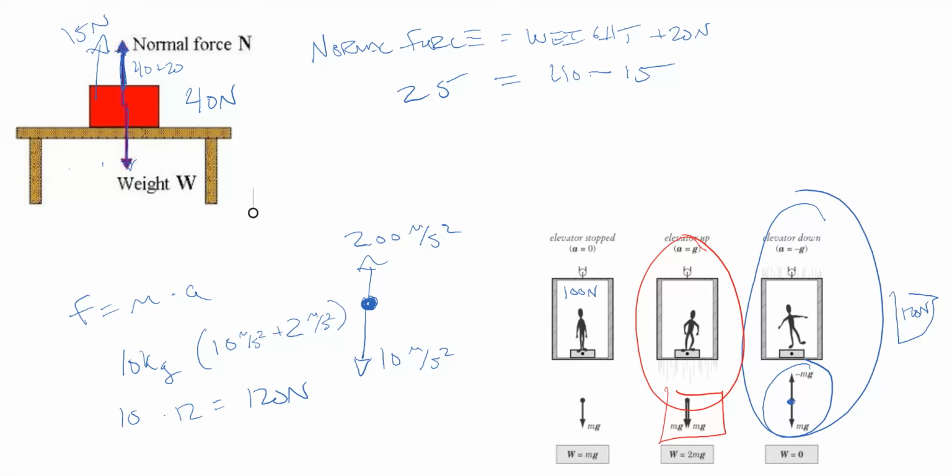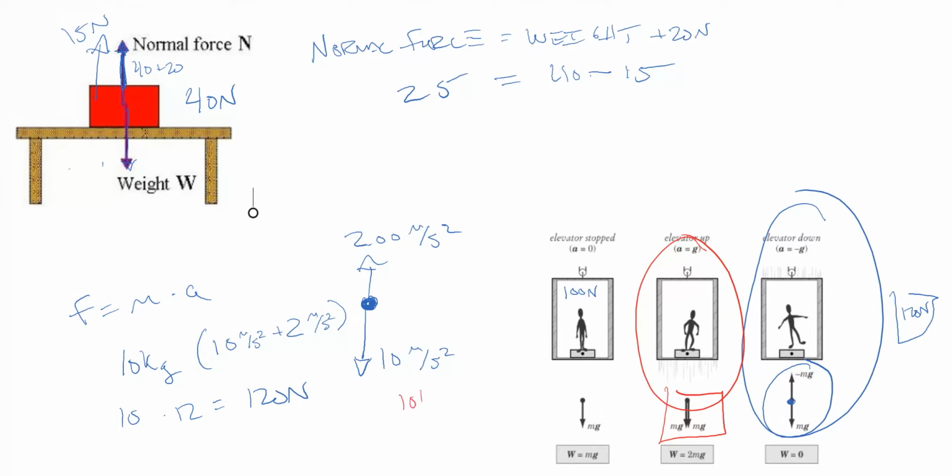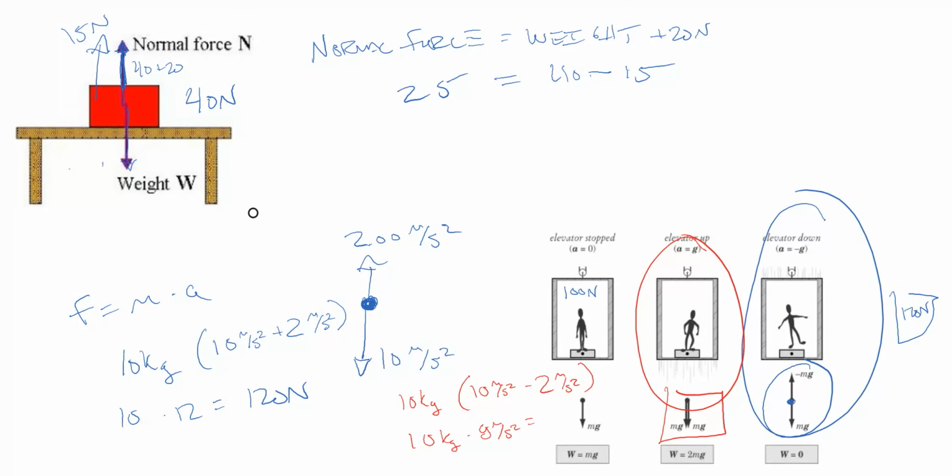So if I'm accelerating downward at 2 meters per second squared, once again, F equals ma. So 10 kilograms times 10 meters per second squared minus 2 meters per second squared. So 10 kilograms times 8 meters per second squared equals 80 newtons. So here the scale would only read 80 newtons.